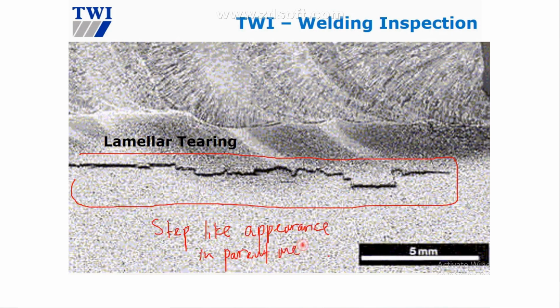Sometimes they come out with the name step-like appearance. So you understand, this is referring to lamellar tearing. And they come out with the terms step-like appearance, step-like indication, so they are referring to lamellar tearing. Do not confuse with lamination, okay? Do not confuse with the term lamination. Lamination is a different story. Got it? All right.